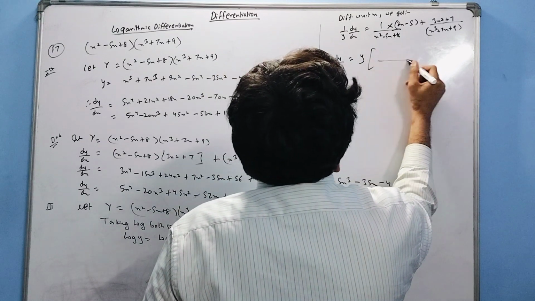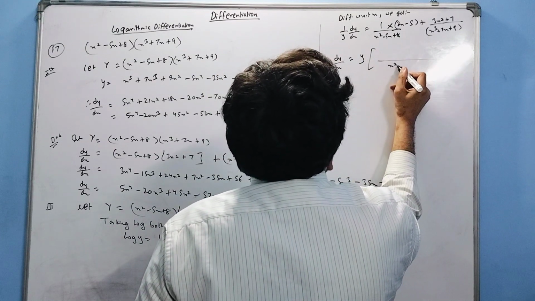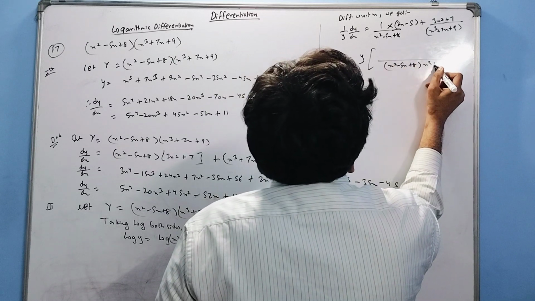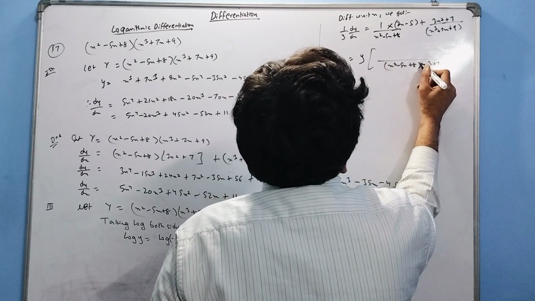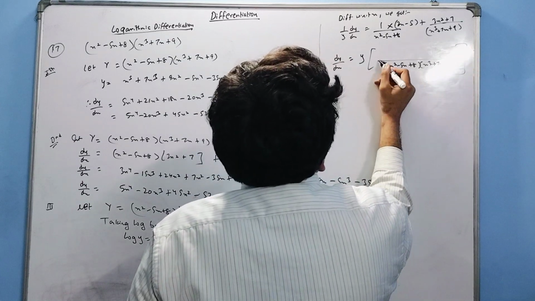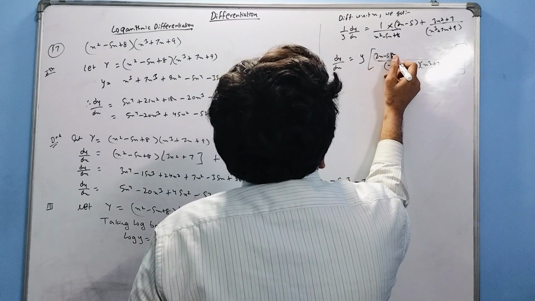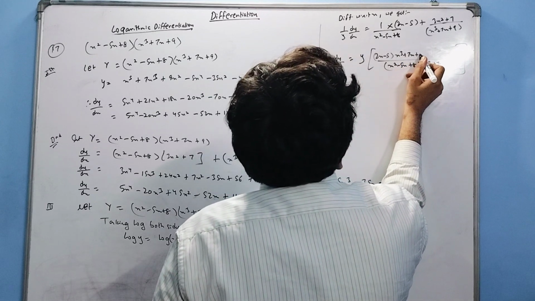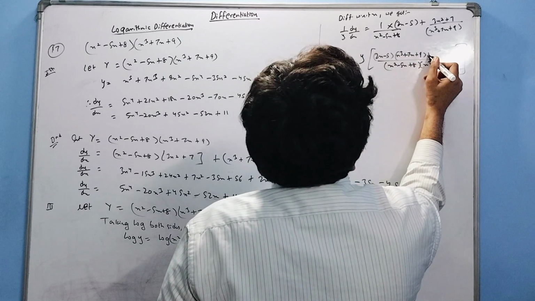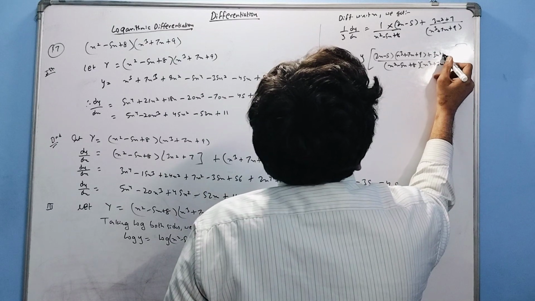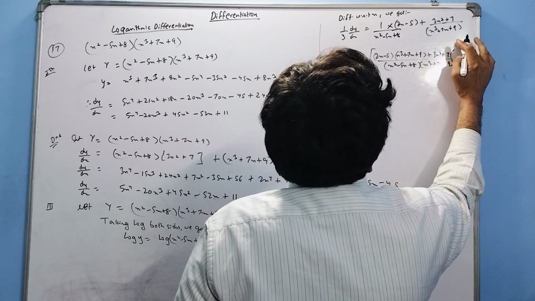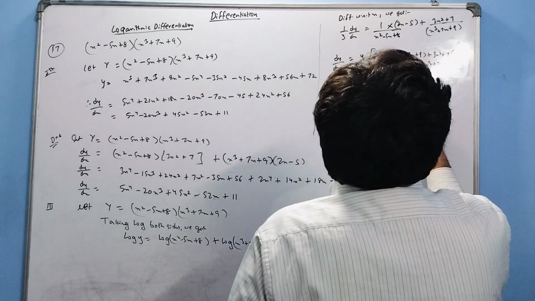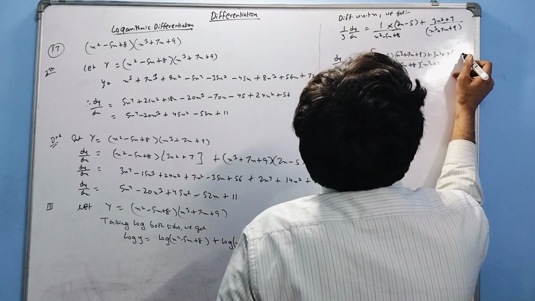If I have x square minus 5x plus 8 and x cube plus 7x plus 9, we will have this 2x minus 5, and here I have x cube plus 7x plus 9 plus 3x square plus 7. Inside I have this one, which will be x square minus 5x plus 8.